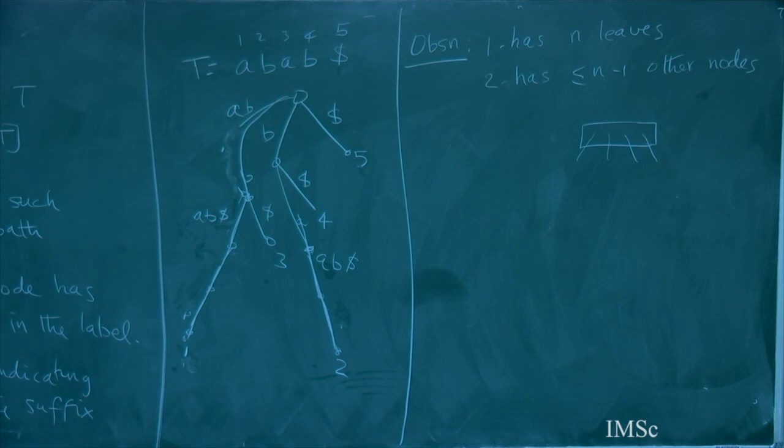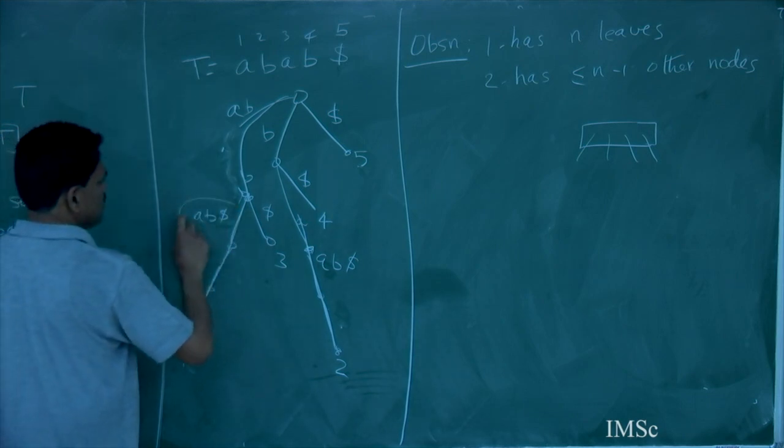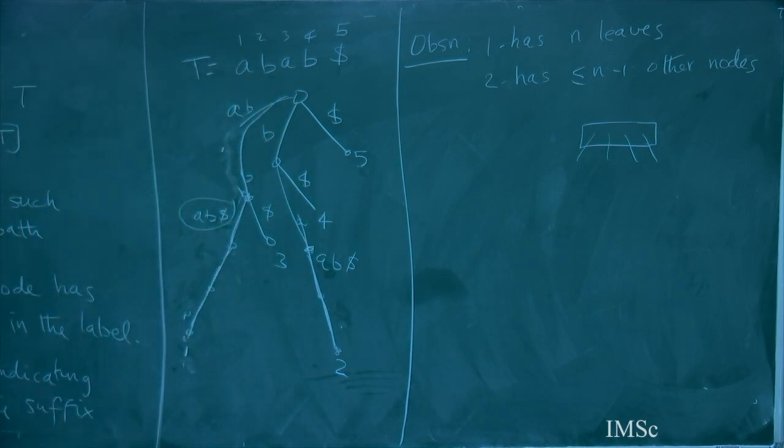How do we make it uniform? How do we make it linear space? So, one observation is that each edge label is actually a substring of the text. So, I just remember the starting and ending position of that substring. Okay, that's just two numbers, uniform everywhere. So, that makes the overall space linear, right.